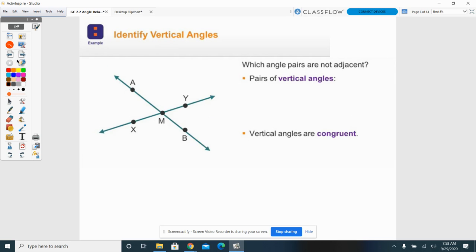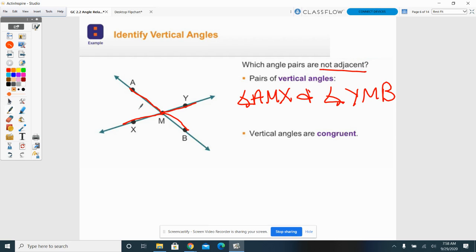Vertical angles are the kissing angles. They are not adjacent, so they only share the vertex. So what do we have here? AMX, and that one goes with AMX. Which one does it kiss? Angle YMB, which is this one.